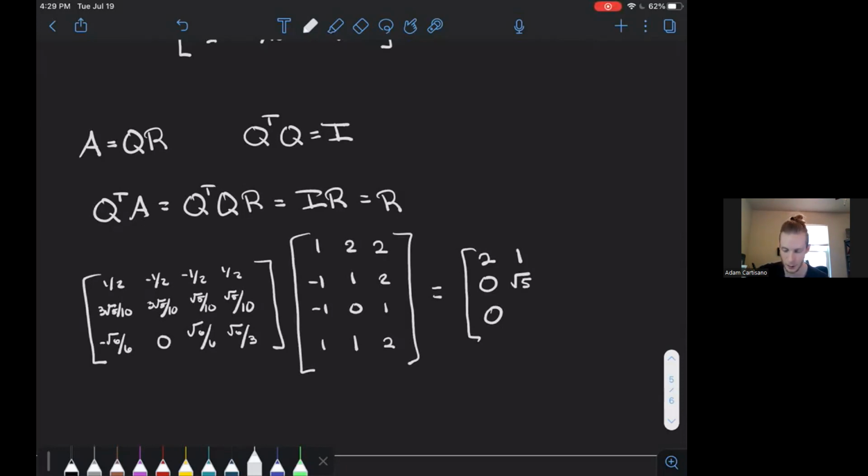And then our third entry will be 0, but let's just check it anyway. It'll be negative 2 root 6 over 6 plus root 6 over 6 plus root 6 over 3. Sorry, negative root 6 over 6 plus 0 plus 0 plus root 6 over 6.